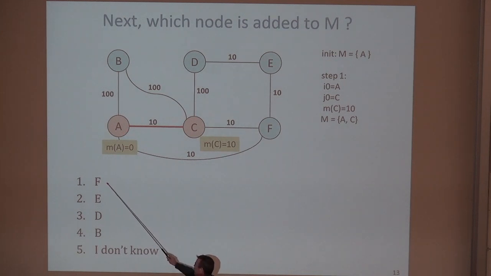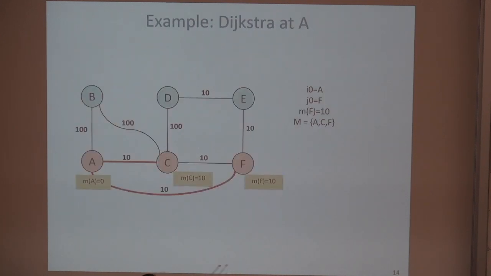Node F will be added. Who votes for 2? Node E. Who votes for 3? Node D. Who votes for B? Okay, so a majority on F, which is of course the correct solution. So node F will be added. And then if we continue, node E will be added, then node D, and eventually node B.